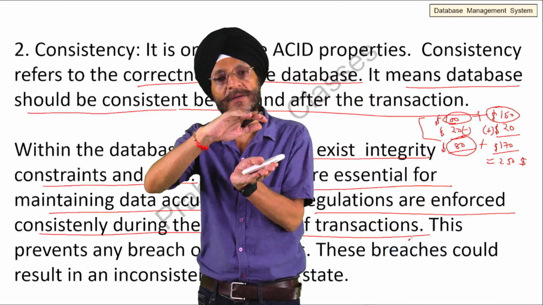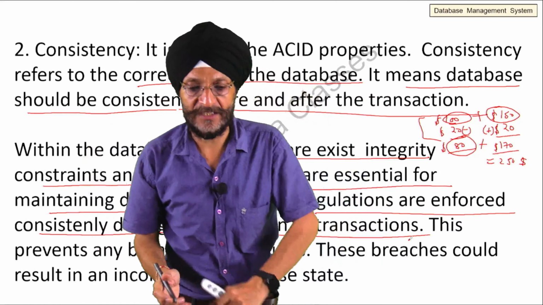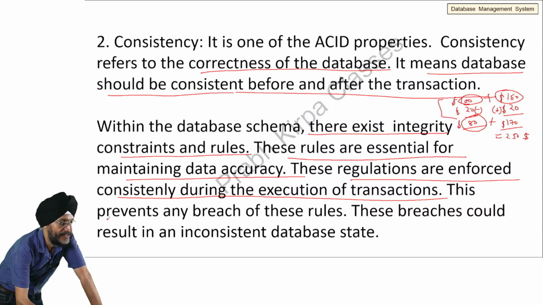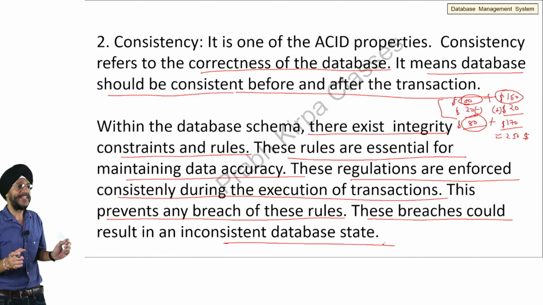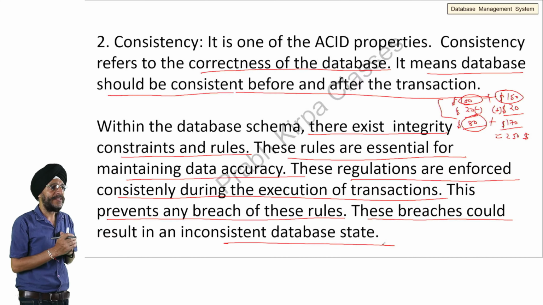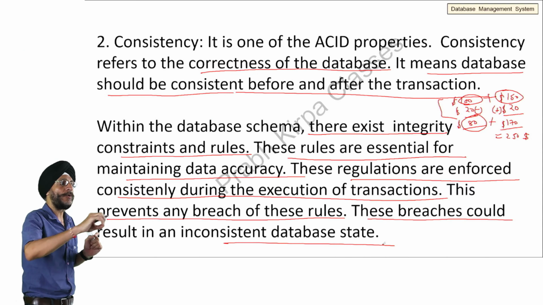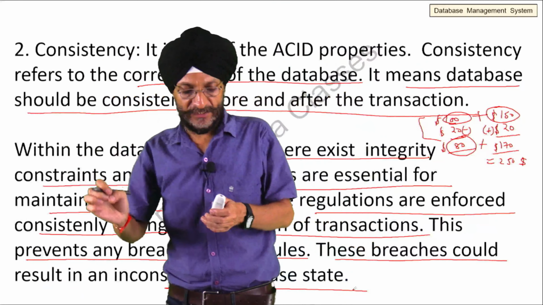The DBMS system itself takes care of all these technicalities. This consistency property prevents any breach of these rules. These breaches could result in an inconsistent database state. If there had not been the consistency property of DBMS, then it might have been possible that an incorrect amount might have been credited to another person.